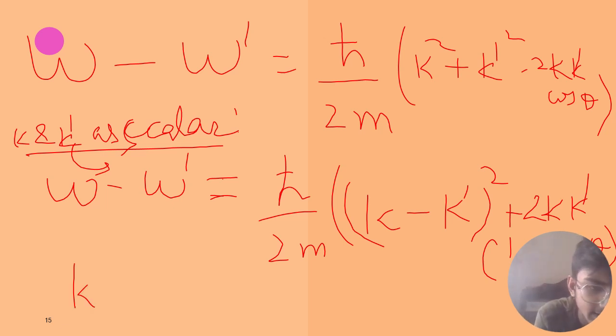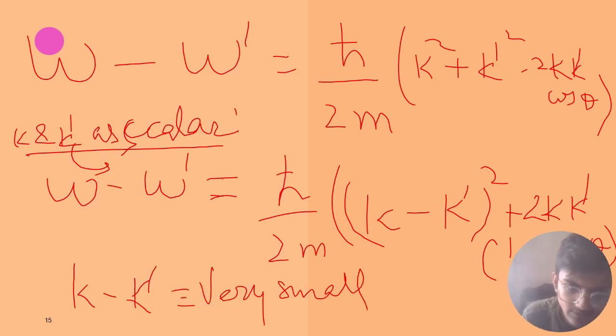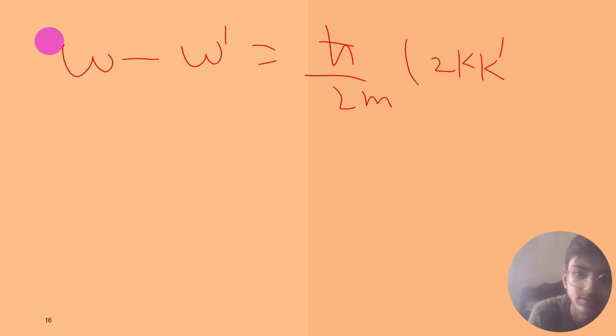Now this k − k' is very small. k is a small value, k' is very small, so the subtraction will be very small, and we will ignore this value. So ω − ω' is equal to ħ by 2m, 2kk' into 1 minus cos theta. I think this is the required one, so the 2 get cancelled.